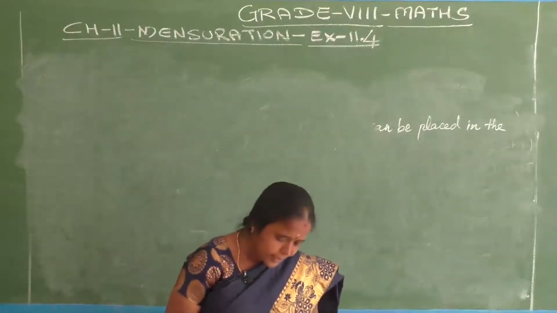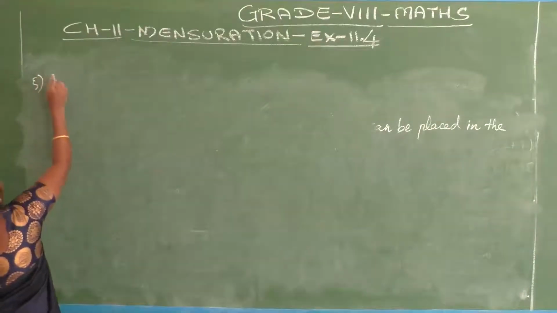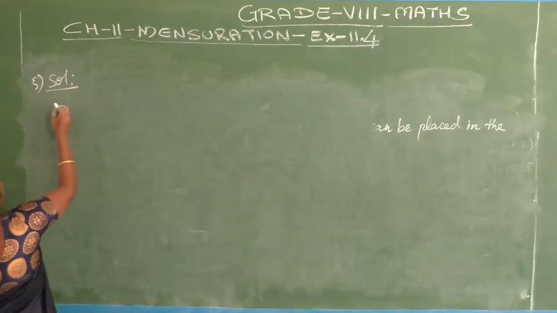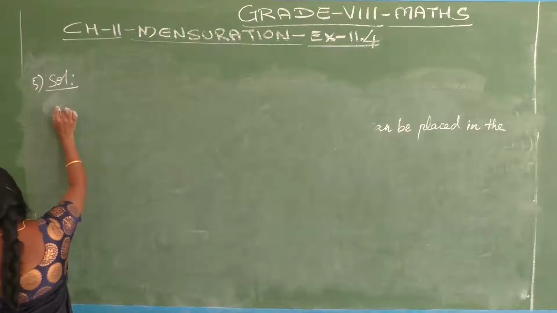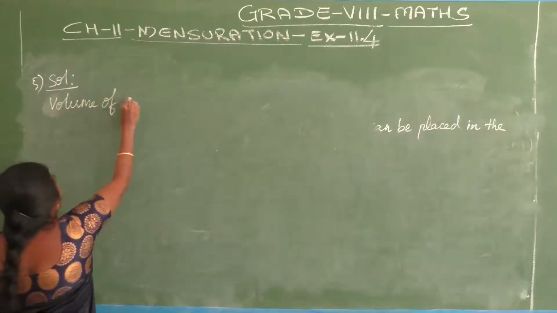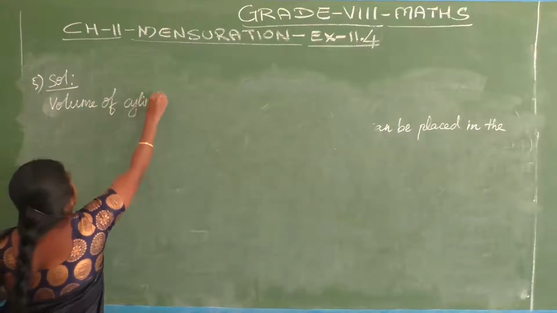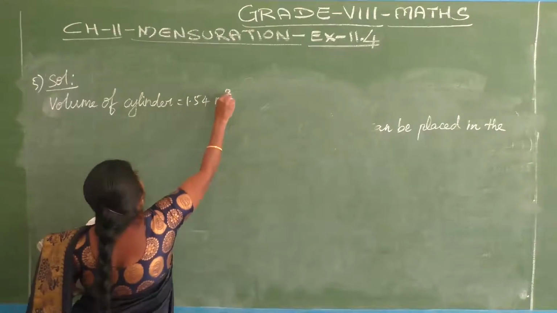See, find the height of the cylinder. Fifth question. Find the height of the cylinder whose volume is 1.54 meter cube.